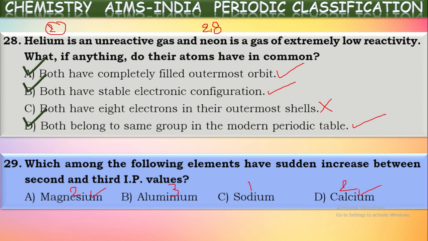After the loss of these 2 electrons, they attain stable noble gas configuration. For the removal of the third electron, they require a large amount of energy. Okay, now we can say these two elements, magnesium and calcium.